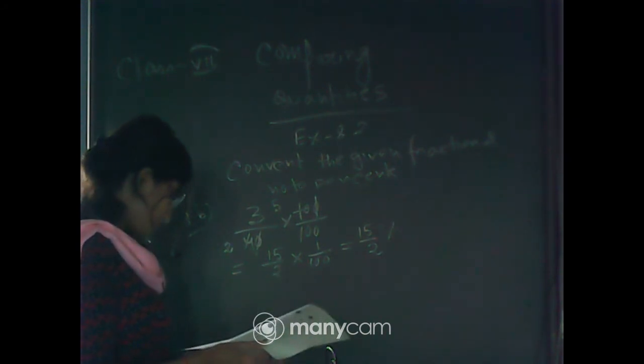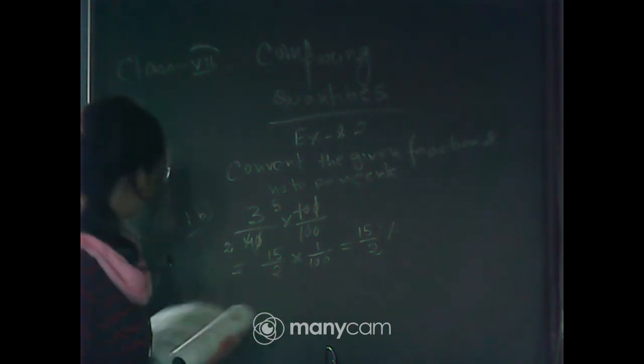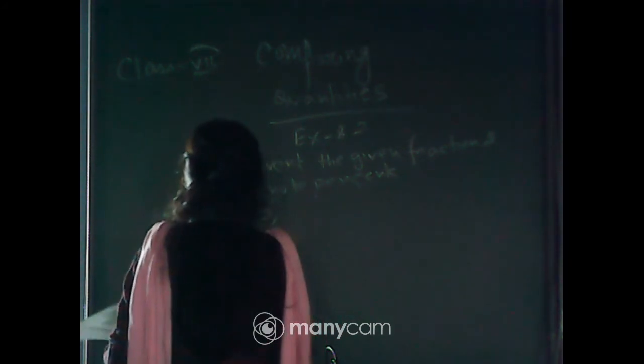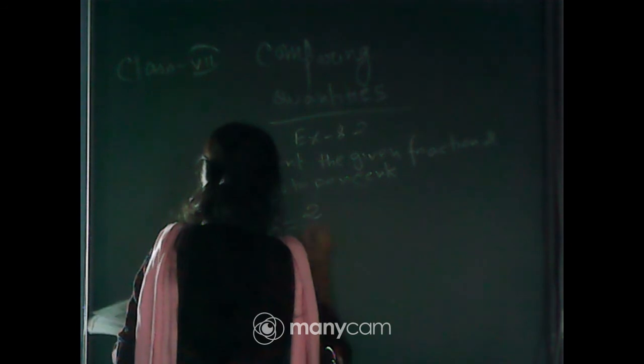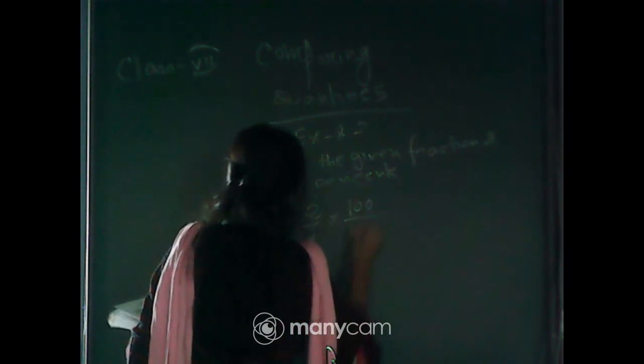The next question is 2 by 7. 2 by 7 is equal to 2 by 7 into 100 by 100.